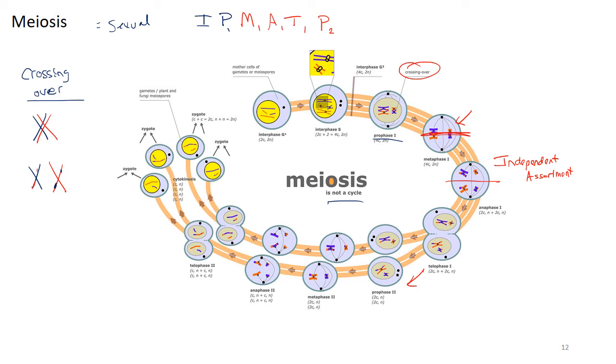So crossing over isn't quite enough diversity, but independent assortment arranges things to make sure everything is unique when it gets to a parent. And also, the way this split apart makes sure that as we go through prophase 2, metaphase 2, anaphase 2, telophase 2, by the time we get here, we're splitting this again, which creates 4 cells.